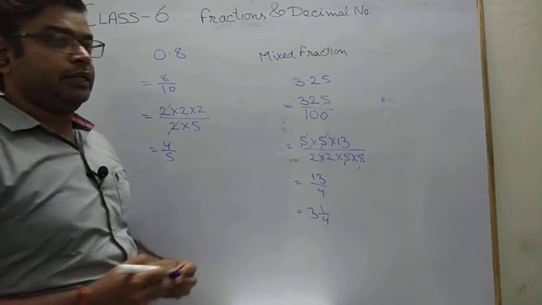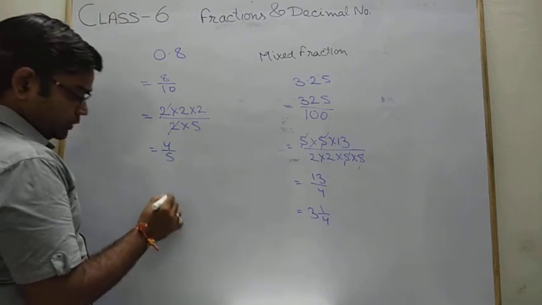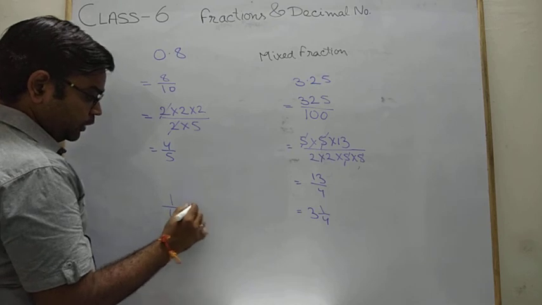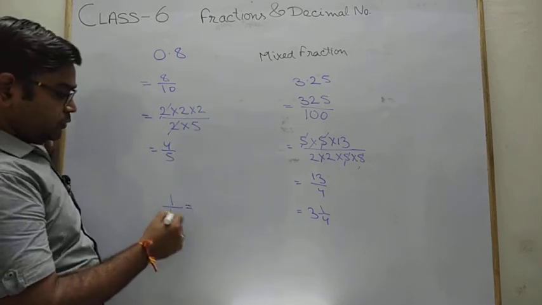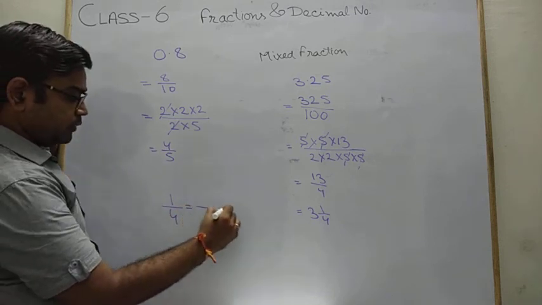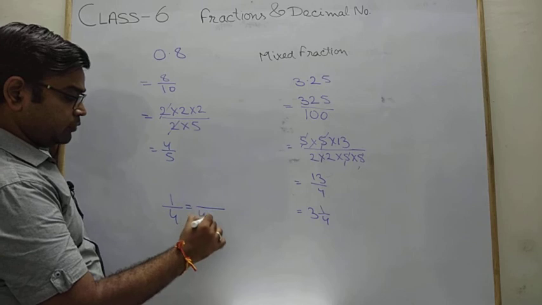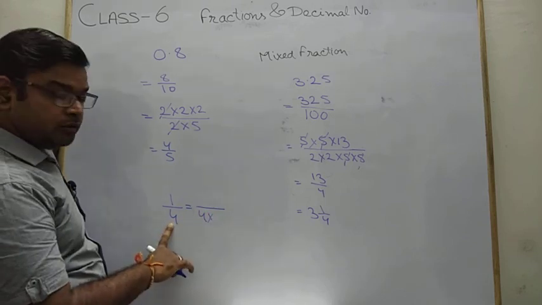And if it says convert a fraction into a decimal number, suppose I am using the fraction 1 upon 4. How do we convert this 1 upon 4 into a decimal number? It is difficult for us to divide, so try to convert the denominator into the nearest decimal base. We are unable to convert this into 10, so let's try 100.